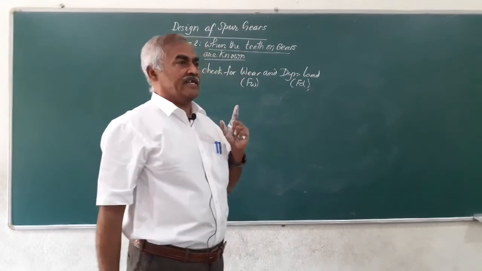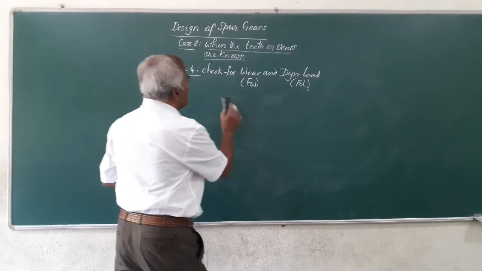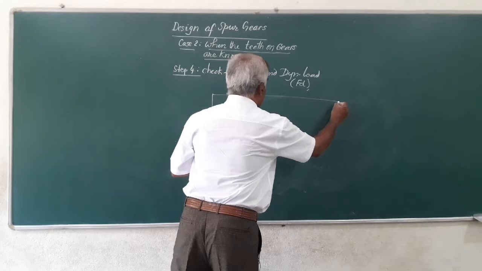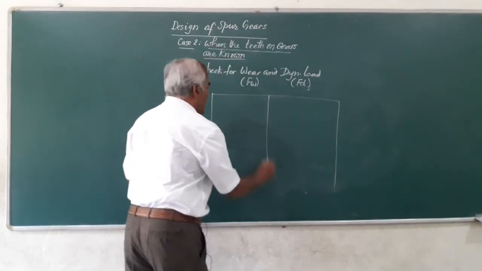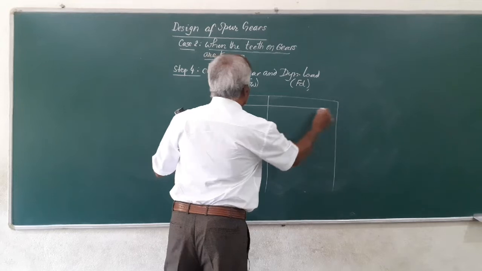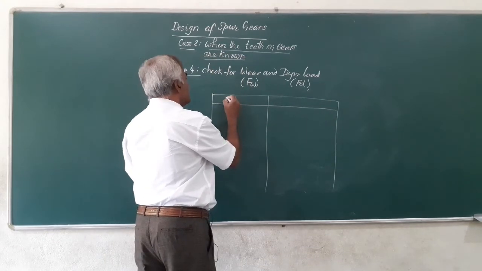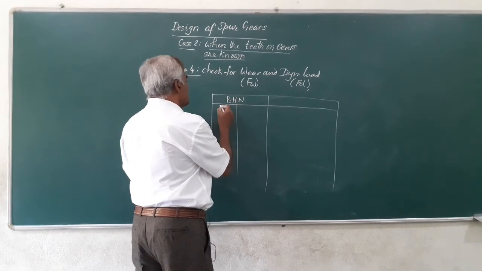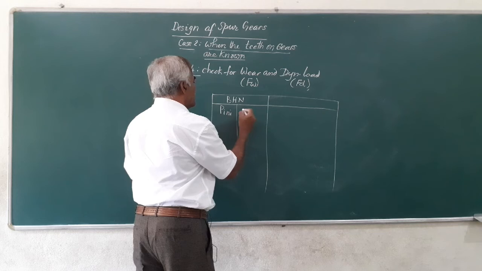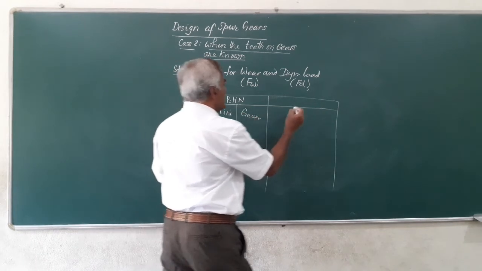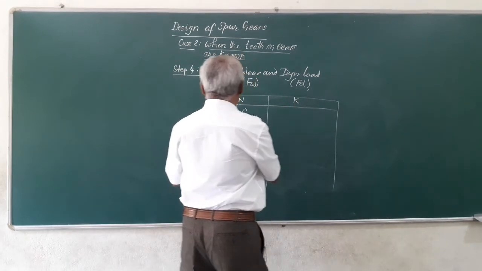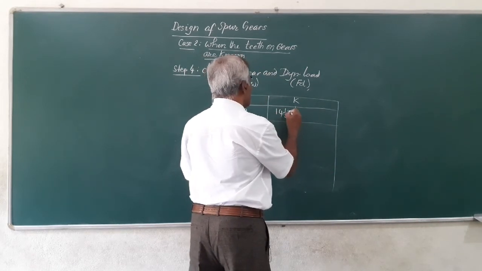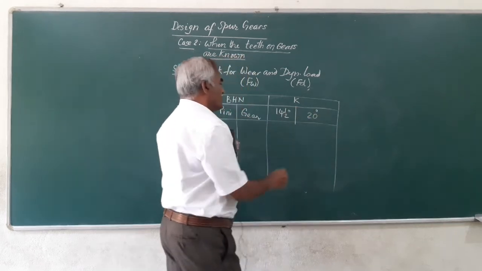So friends, in the machine design data handbook, to find out the value of K, you have a table like this wherein you have the values given like this. We can say here the BHN of gear and pinion, BHN given separately for pinion and also for gear, and here you have got the value of K. They have given both for 14.5 degrees profile and also 20 degrees profile.